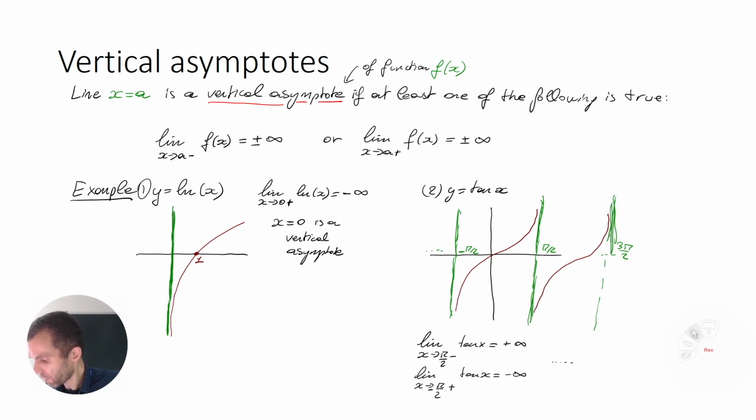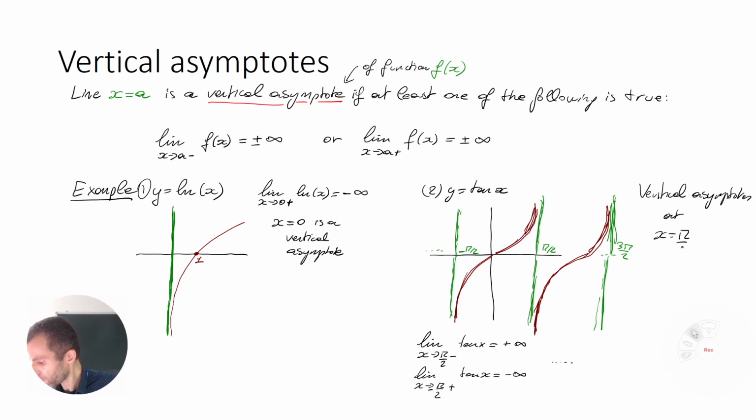And again we have the same interpretation, so that the function gets closer and closer to these lines without ever reaching them. So we have x is pi over 2 plus k times pi, with k an integer.